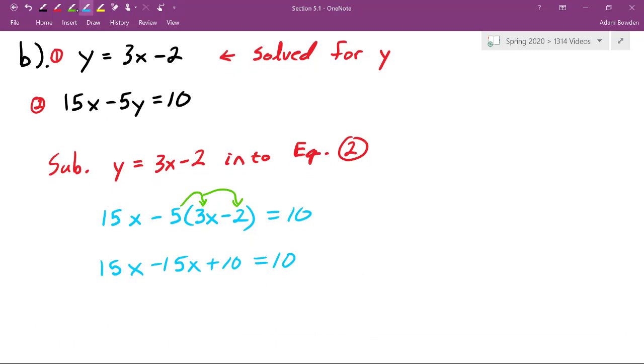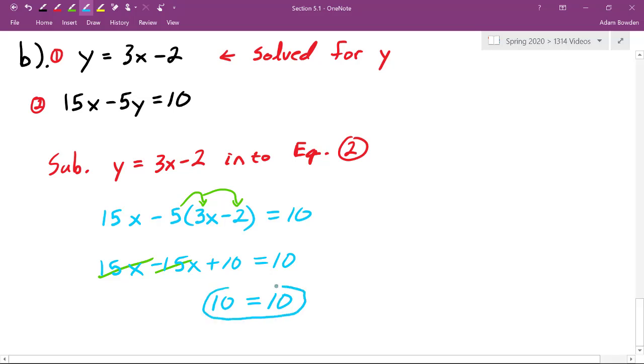And then something interesting will happen. The 15x terms go away, positive and negative, and we're just left with 10 equals 10. So now our variable has disappeared. There's nothing left to really solve. But what we're left with here is 10 equals 10, which is technically true.